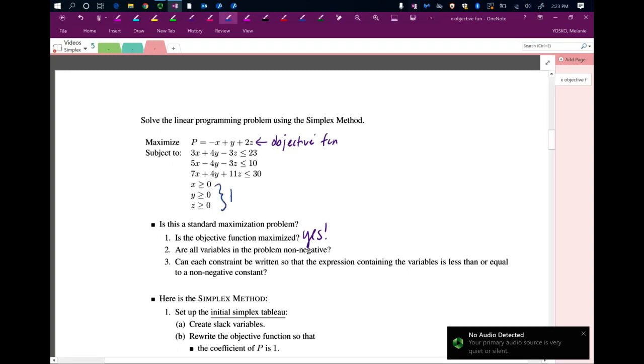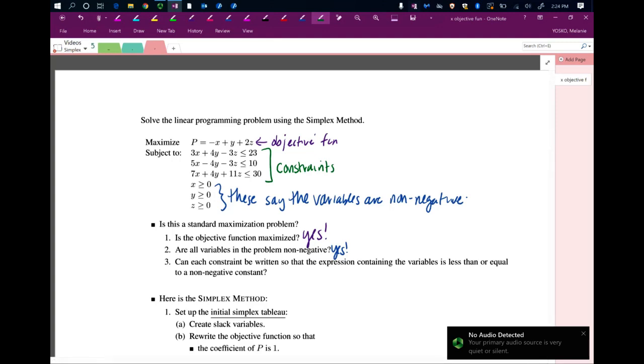These right here tell us the variables are non-negative. So yes, we're good. Okay, and then it said, can each constraint, so where are the constraints? This is the part that we're going to call constraints. So, can each constraint be written so that the expression containing the variables is less than or equal to a non-negative constant?